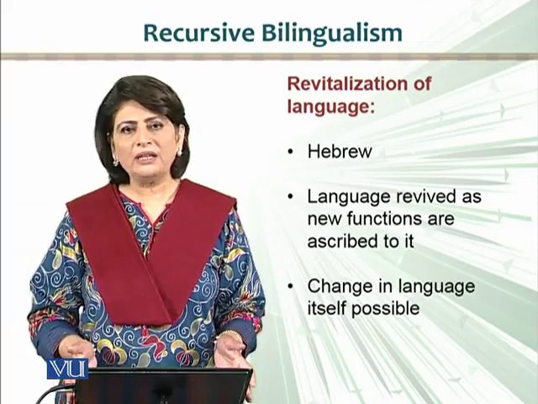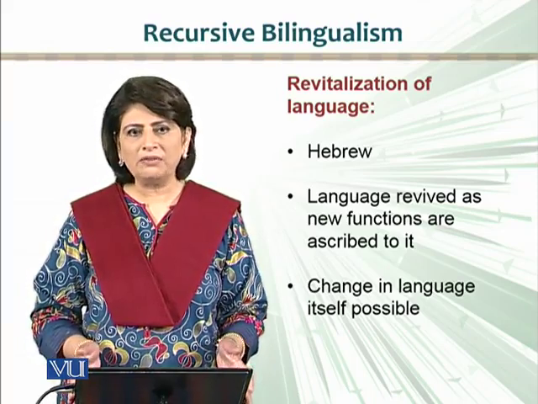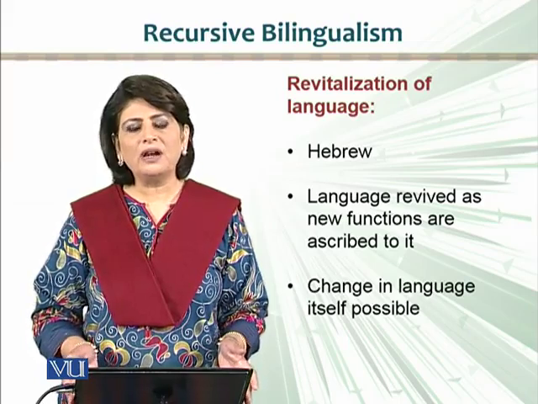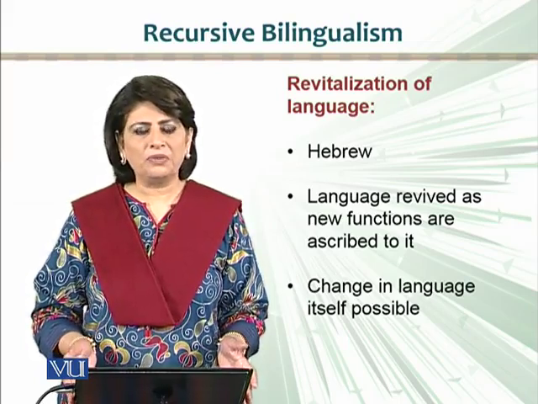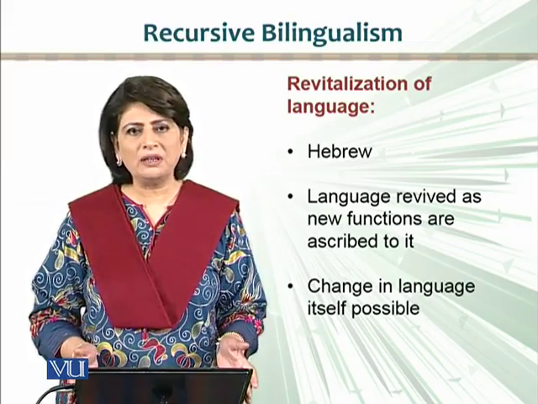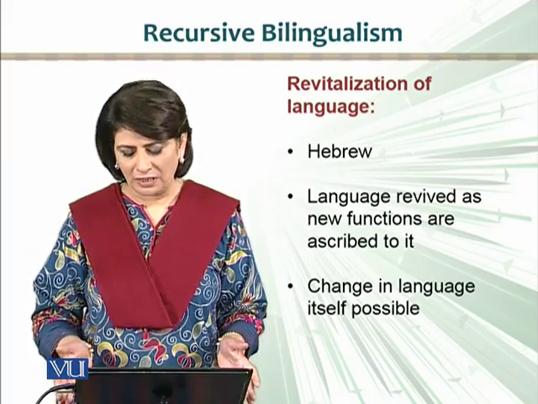On the other hand, it might also happen only at the community level, where the community itself starts using the items or aspects of language that they had been using in the past, but which somehow were abandoned somewhere down the lane.